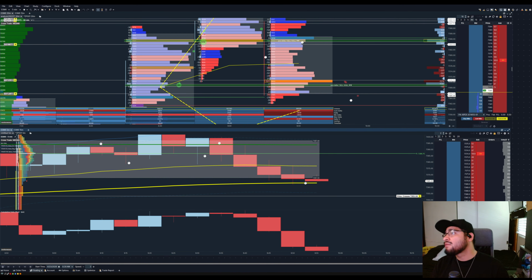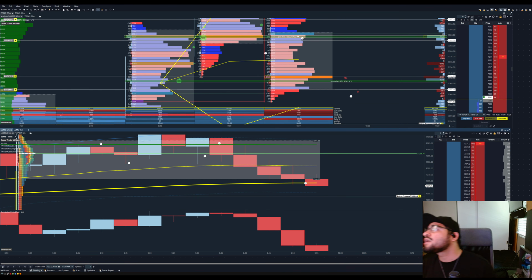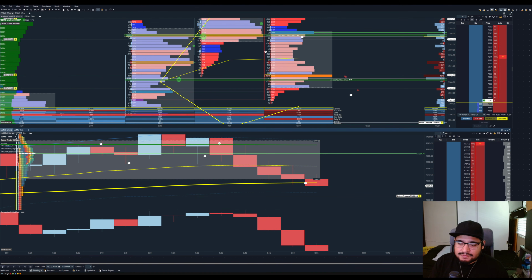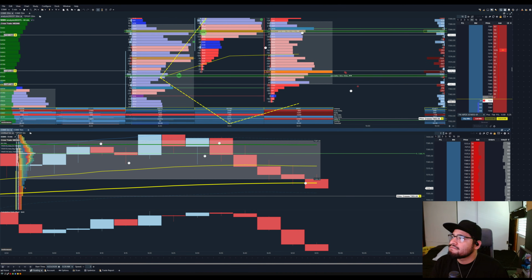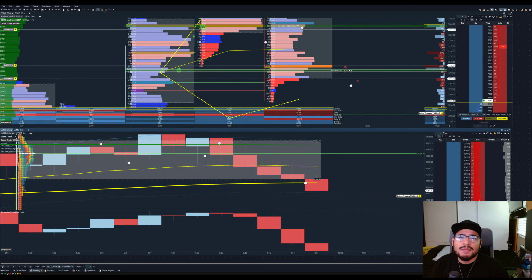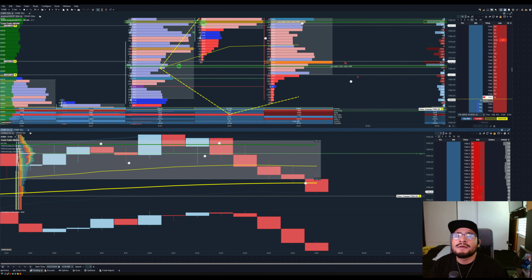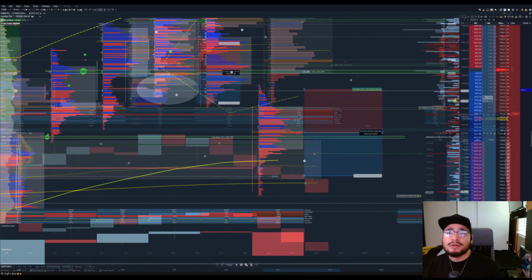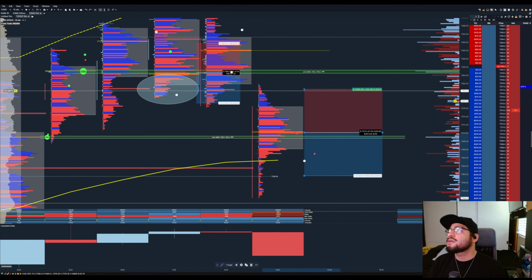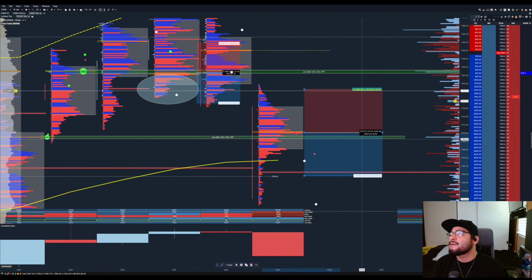I don't know if we're gonna hit this POC at 69. Do I have that on there? No. I was looking to see if price hit this POC again at 69.